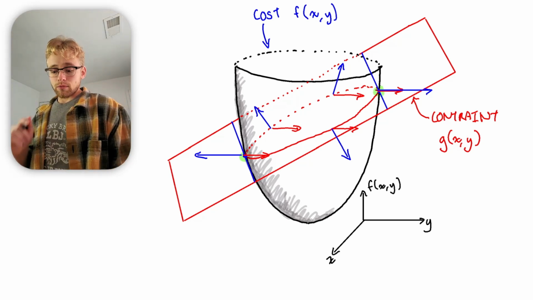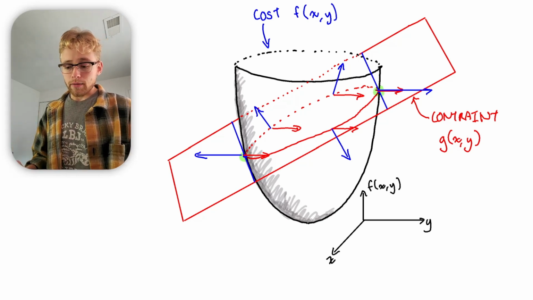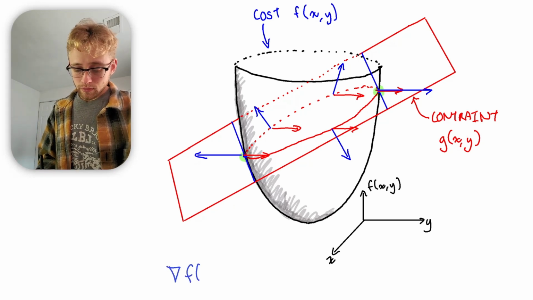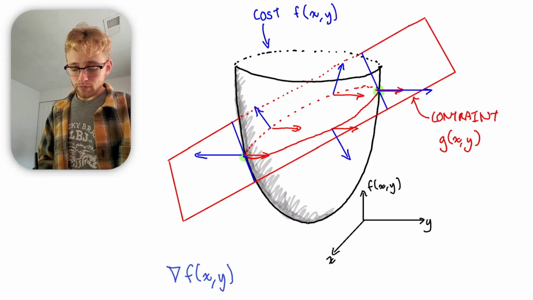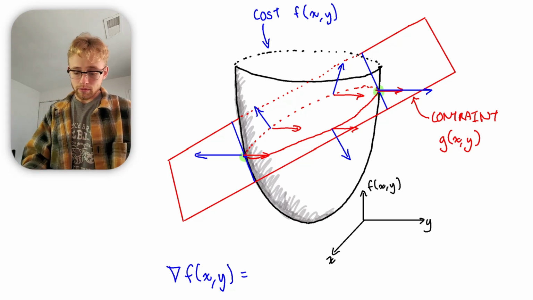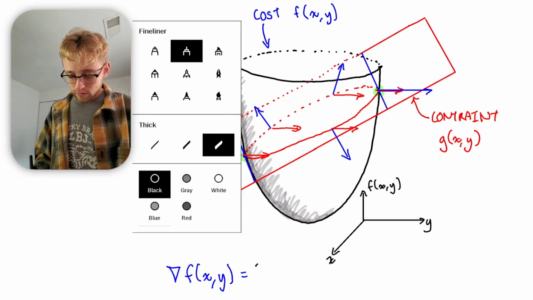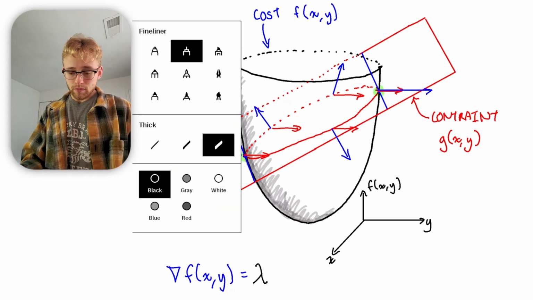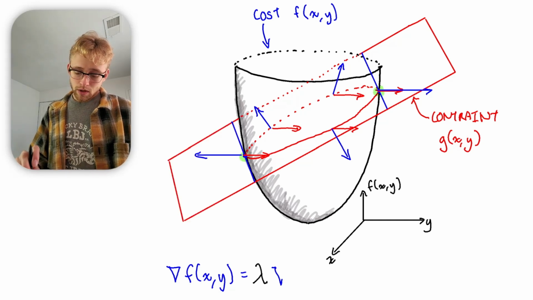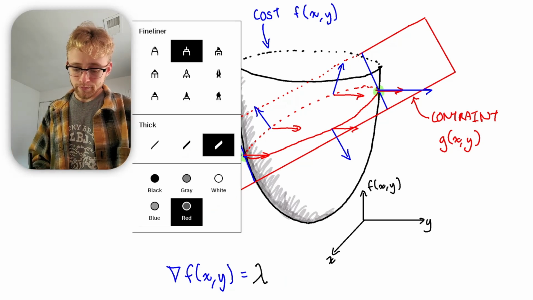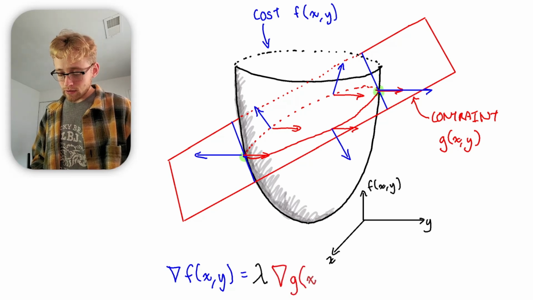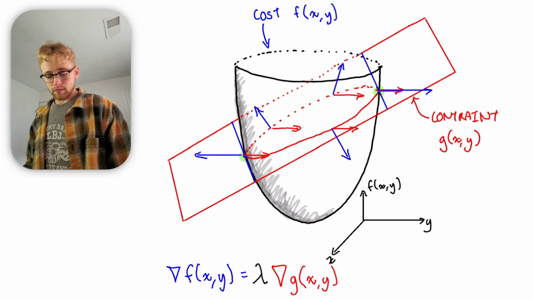All right, so let's write out what this actually says mathematically. Let's say the gradient of f is equal to some scalar, which could be positive or negative, multiplied by, not blue, this one's red, the gradient of this function.